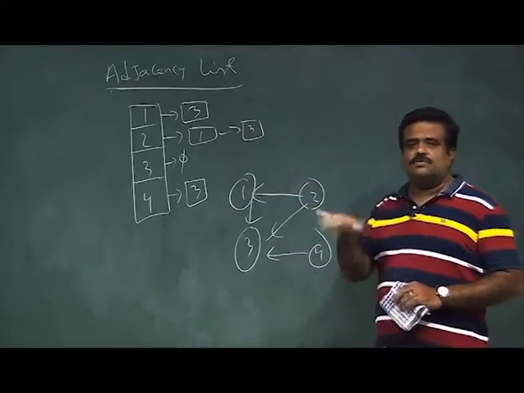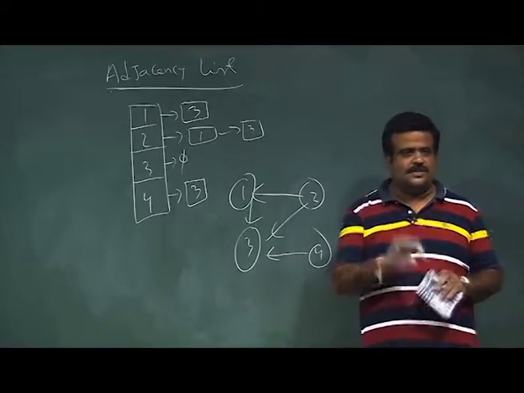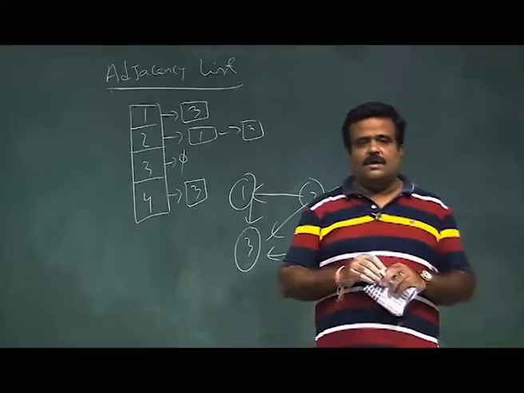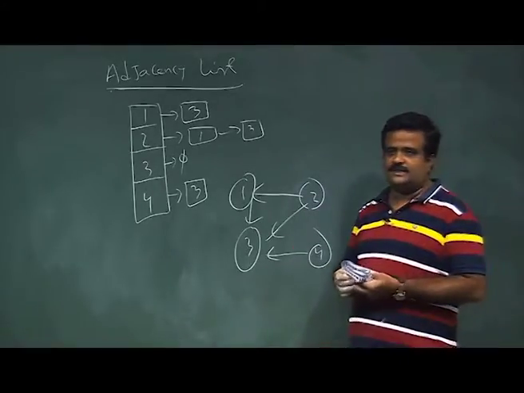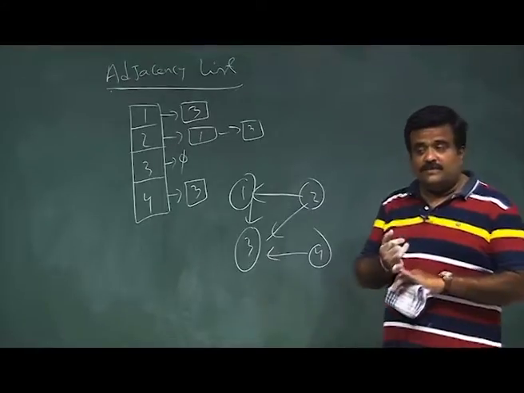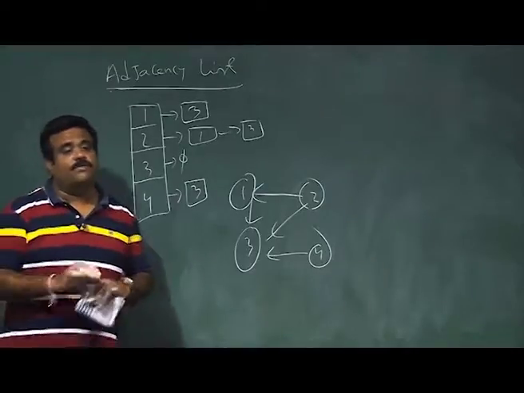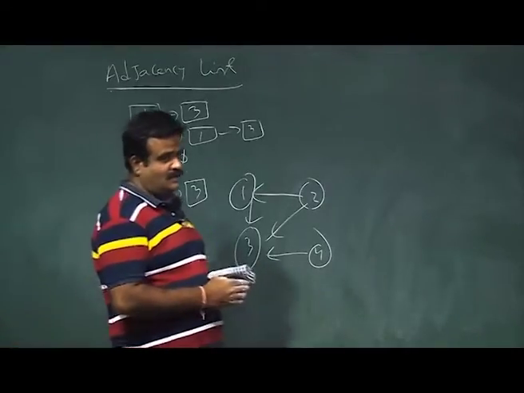Then it is good to go for an adjacency matrix, because that is a 0 1 representation, just a bit vector of 0 or 1. Okay. So, that is a very nice data structure, just a 0 1 representation. If it is a dense graph, that means if the number of edges is large, then we will go for the adjacency matrix representation.